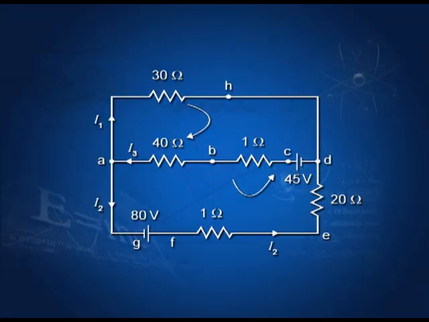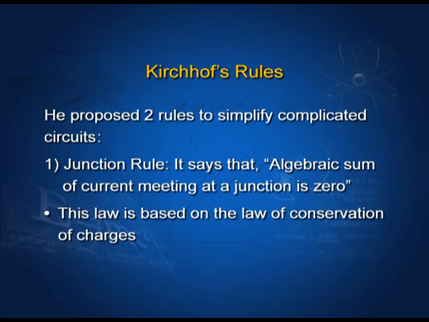Here is a diagram which shows that the current coming towards the junction O is I1 and I2, and the current leaving the junction is I3. So, I1 plus I2 minus I3 equals 0. This law is based on the law of conservation of charge, and mathematically, summation of I equals 0.